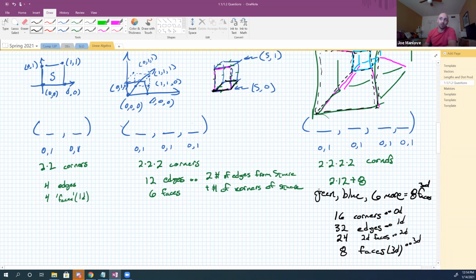So there are 16 zero-simplexes, 32 one-simplexes, 24 two-simplexes, and 8 three-simplexes. It just means whatever that analogy is in this dimension. You guys got that? It's really to avoid this confusion about faces when you get to 3D or 4D.